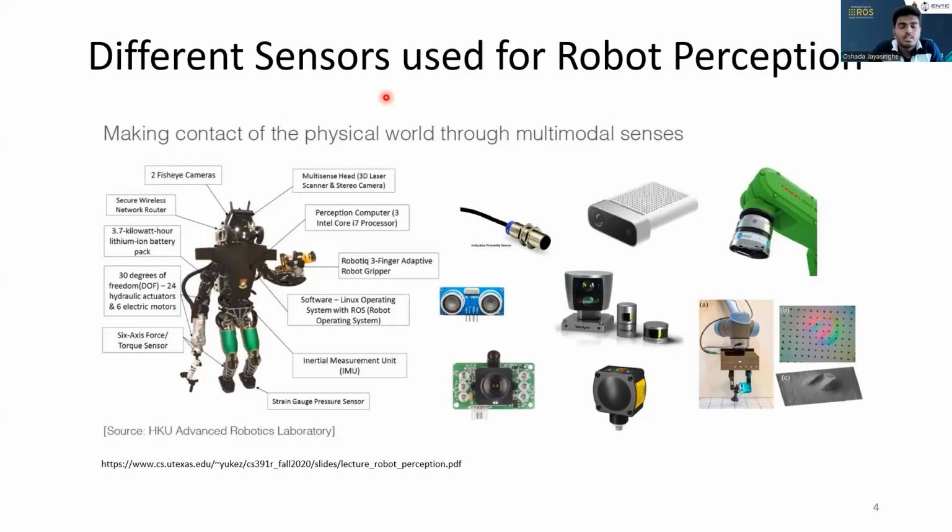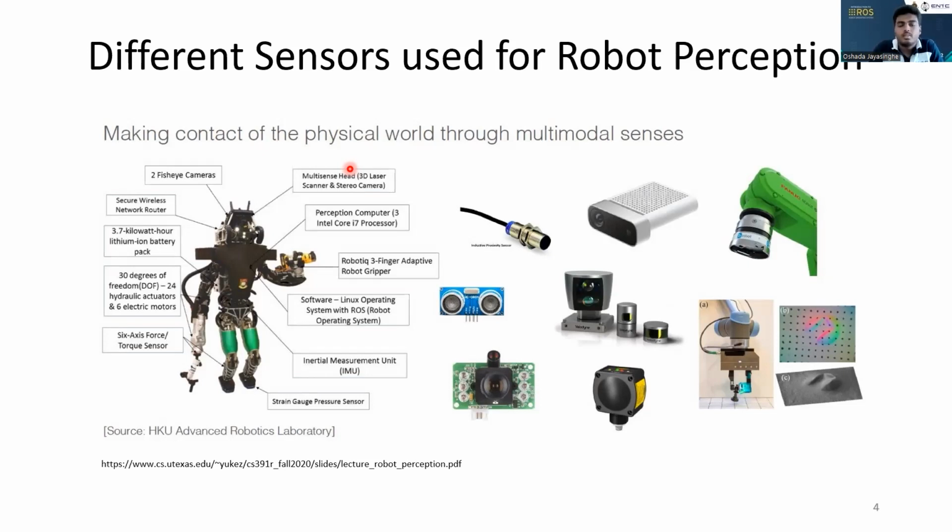As sensors, it has two fisheye cameras, a laser scanner, an inertial measurement unit, a pressure sensor, and a torque sensor, so different kinds of sensors. There will be some other sensors in different robotic applications, such as ultrasonic sensors, infrared sensors, different types of cameras, RGB sensors, depth sensors, things like that as well.